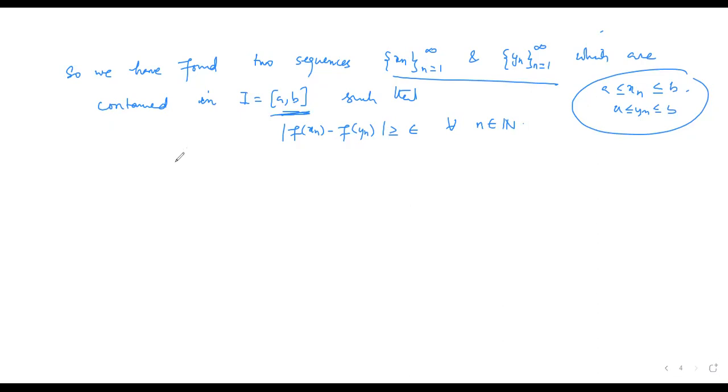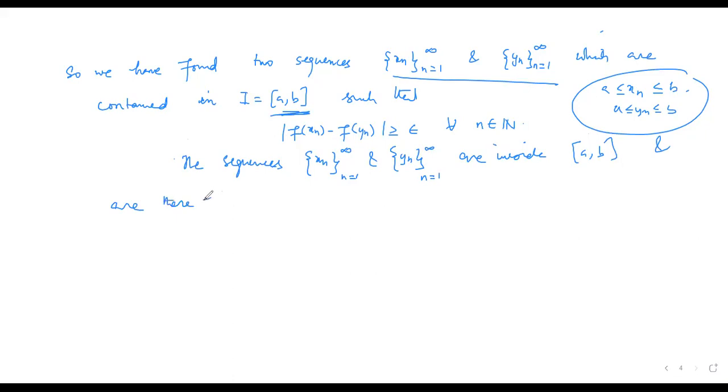Now, what we do is that the sequences xn and yn, n runs from 1 to infinity, are inside this interval AB and are therefore bounded.